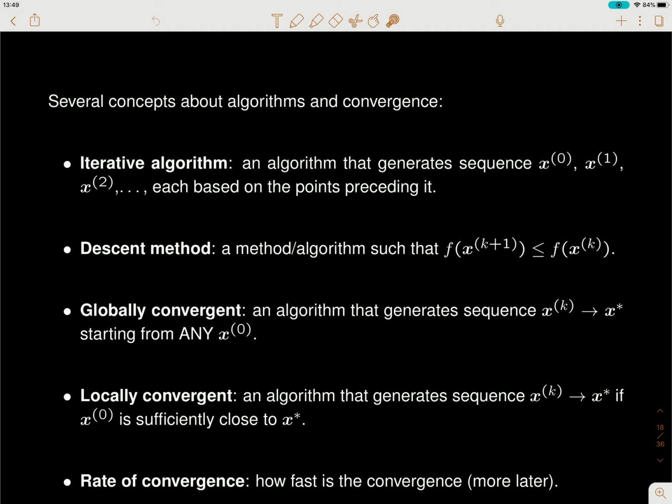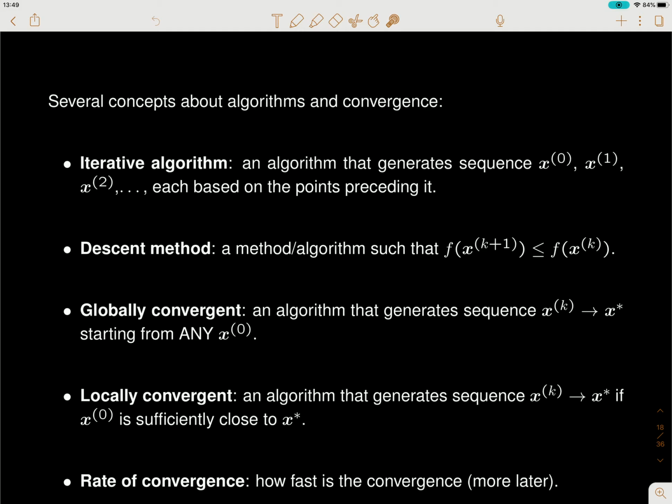Okay. When we say globally convergent, it means that the algorithm will converge, not necessarily to the global minimum, but at least it converges to some point, starting from any initial point. So starting from any initial x0, the algorithm generates a sequence which converges to some point.